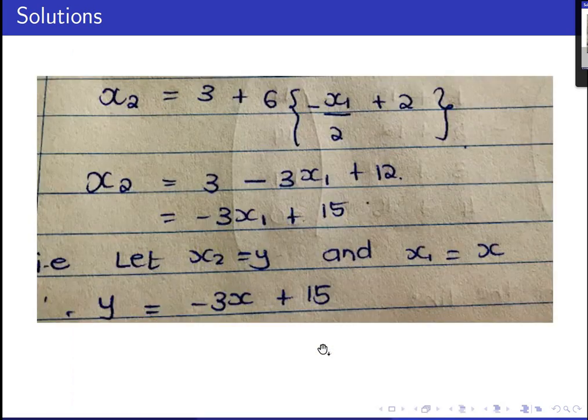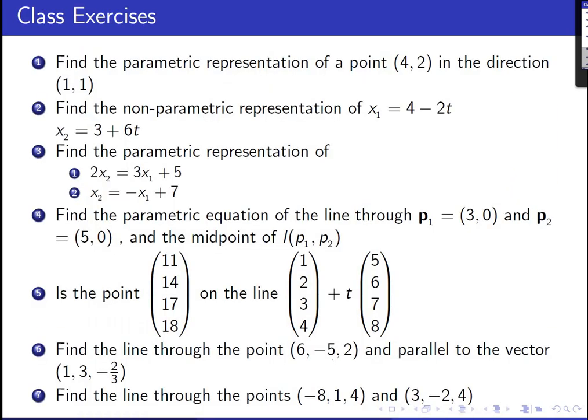So we need to move on to number 4. In number 4, we need to find the parametric equation of the line that passes through (3, 0) and (5, 0), as well as the midpoint of the line P1, P2.